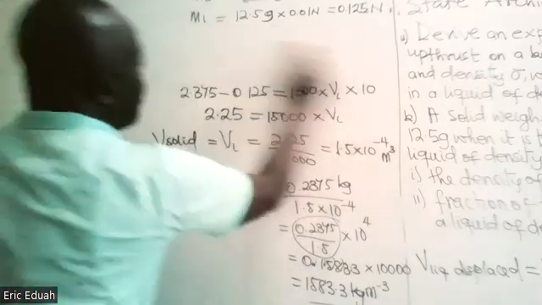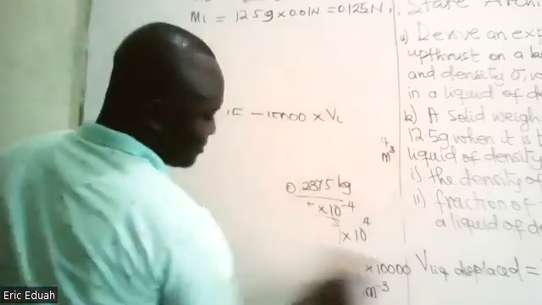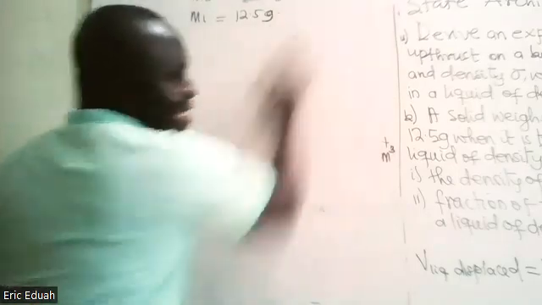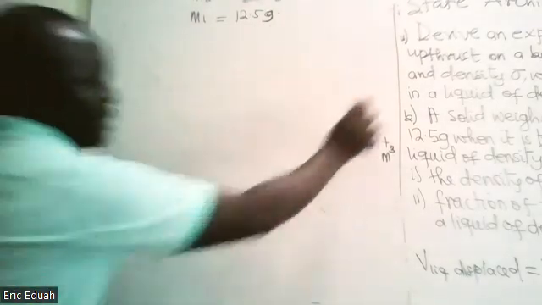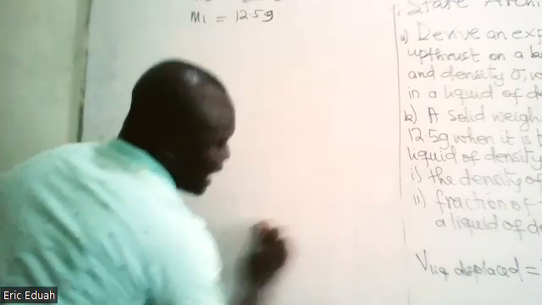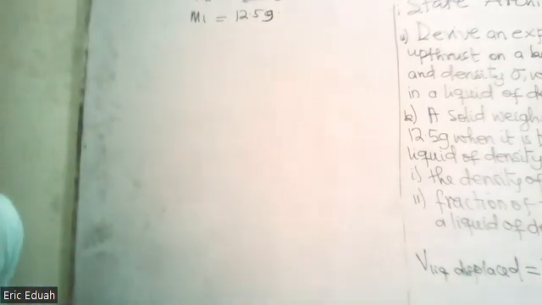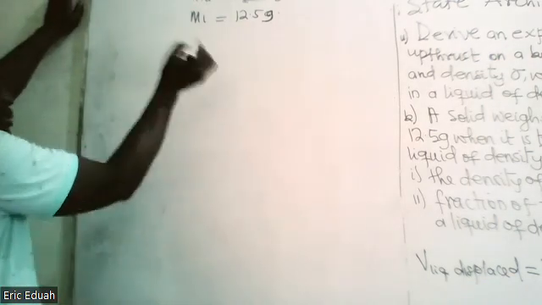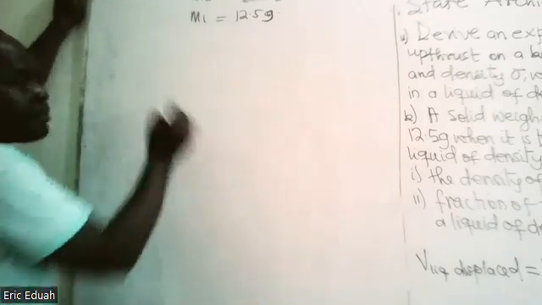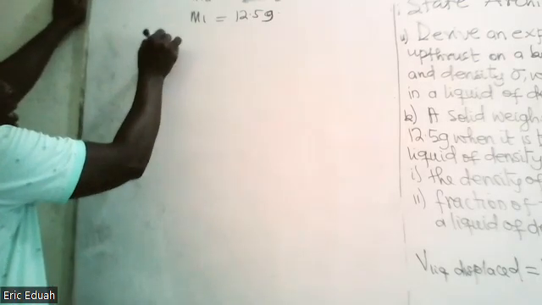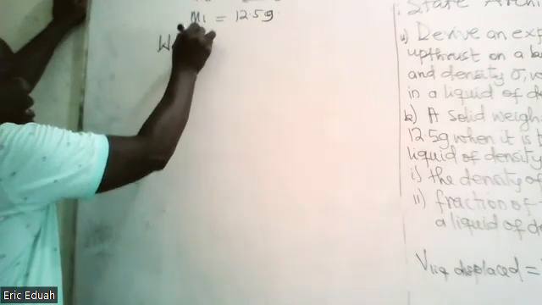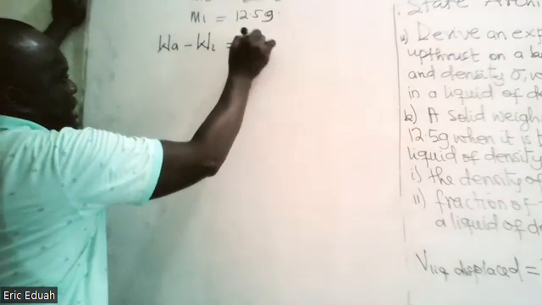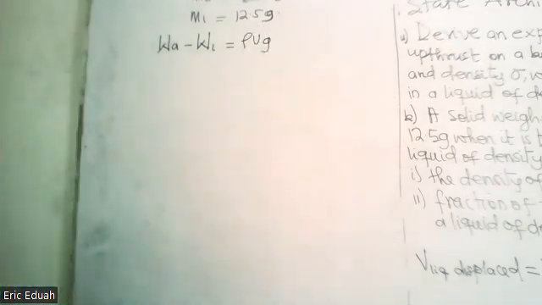So method 2. The second method is that, let's recall, in deriving the formula for the upthrust, we got weight in air minus weight in liquid is equal to density, volume times gravity.